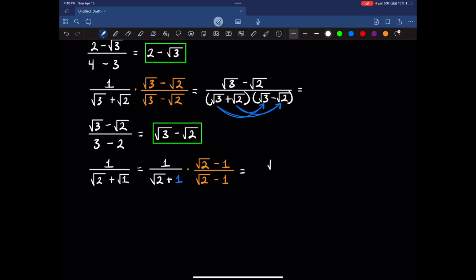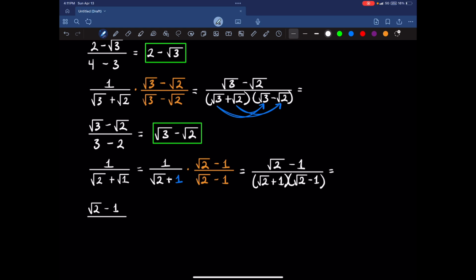So in the numerator, we'll have square root of 2 minus 1, and in the denominator, we'll have square root of 2 plus 1 times the square root of 2 minus 1. And let's distribute out or FOIL the denominator. So we'll get square root of 2 minus 1 on the numerator. That's not going to change, right?